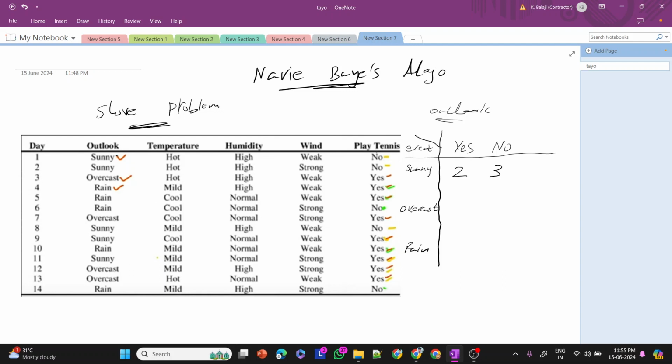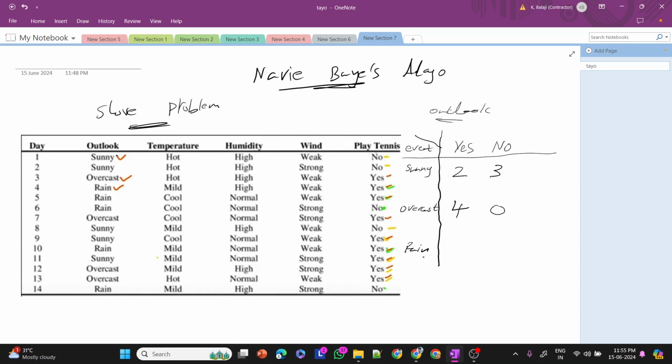Like that, when the outlook is overcast, the corresponding outcome is yes. Here also overcast and yes. Here also yes, and here also overcast and yes. Totally 4 times when the outlook is overcast, the person had played a game, and 0 times does not play the game.